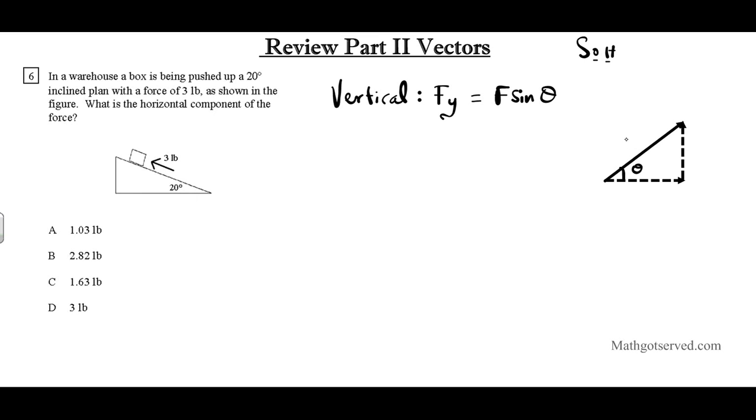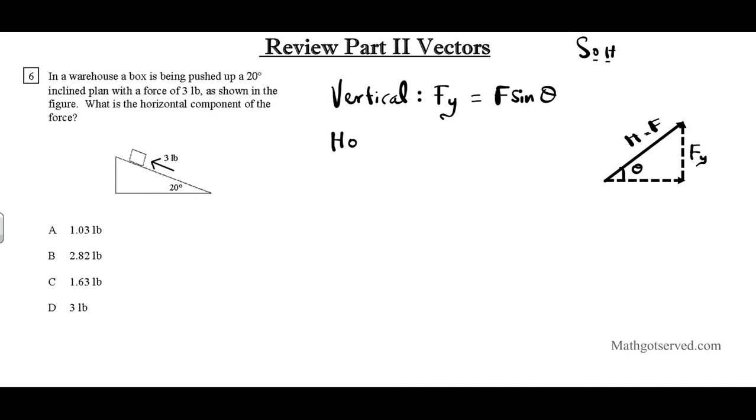The hypotenuse is basically the force, the magnitude of the force to be exact. And this is the vertical component of the force, f sub y. It's the one that relates the hypotenuse and the opposite side. So f sine theta is the vertical component, okay?